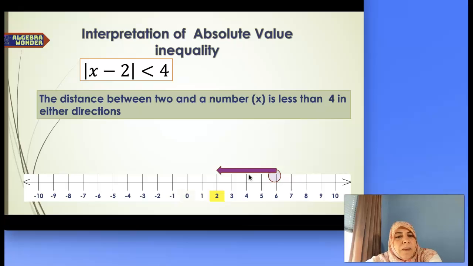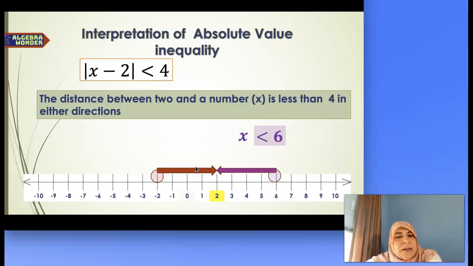Now, what about the other direction? This is the first piece, with x being a number that's less than 6. If you take any of those numbers and substitute here, it works. If you choose 4, 4 minus 2 is 2, and the absolute value of 2 is 2, which is less than 4, so I'm right. Now, what about the other direction? My distance has to be less than 4 steps, so this direction then.